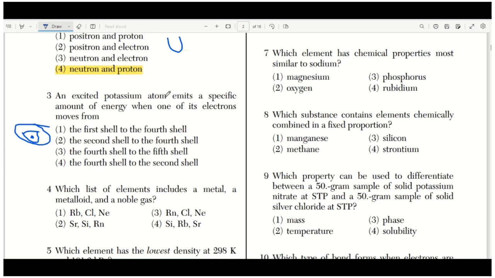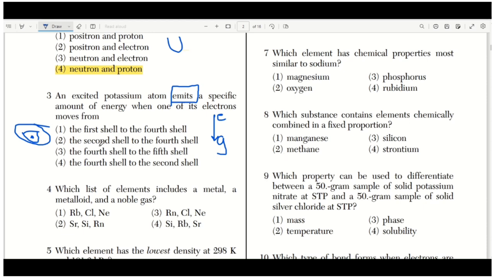When energy is emitted, emit means to give off, an electron will fall from a higher energy level back down to a lower energy level. So it was in an excited state and it falls back down to ground state.